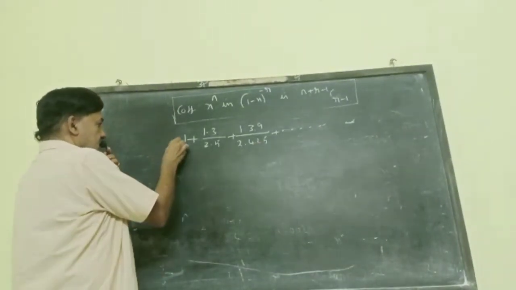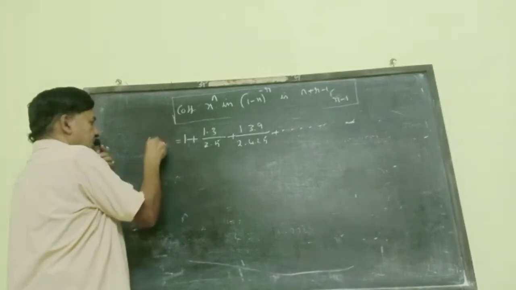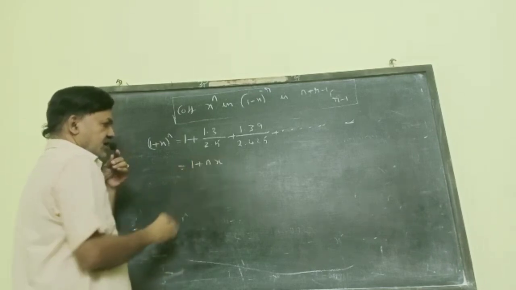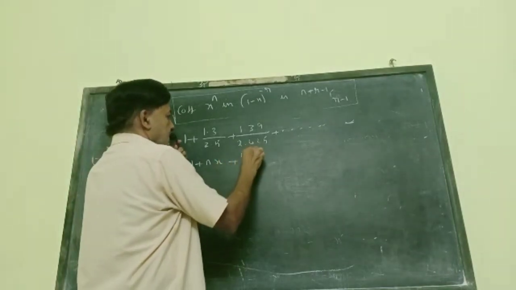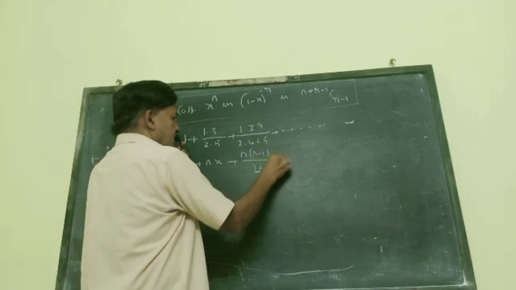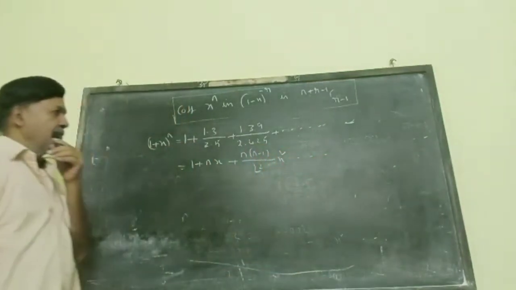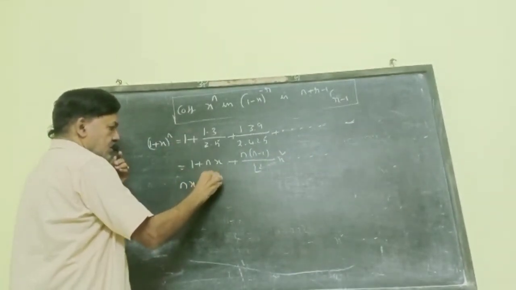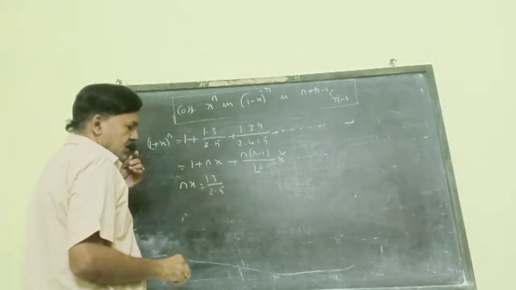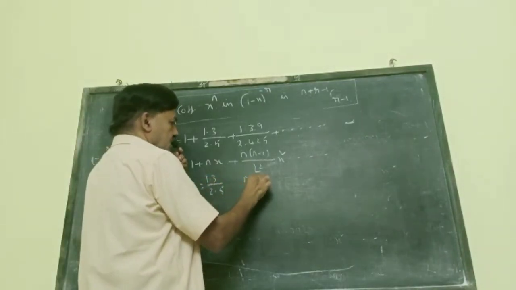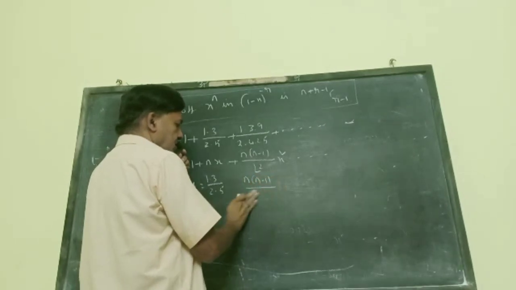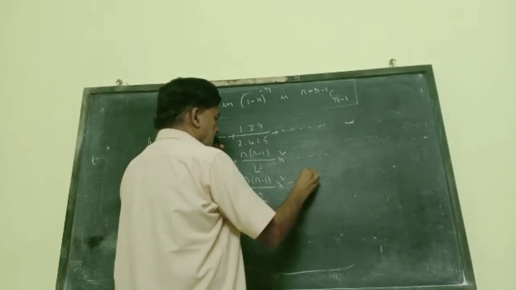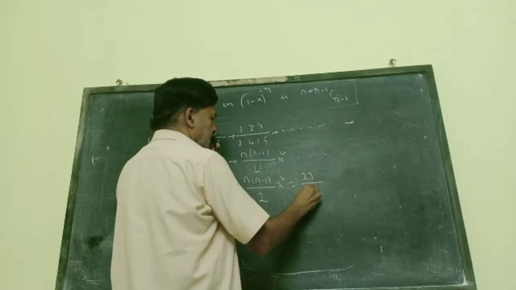See, then what you have to do is, you assume this as (1 plus x) whole power n. When you expand, 1 plus nx plus n into (n minus 1) by factorial 2 x square and so on. You compare. nx is equal to (1 into 3)/(2 into 5). n into (n minus 1) by 2 x square is equal to, you will get, 27 by 200, right?